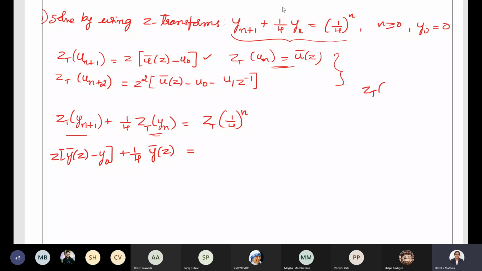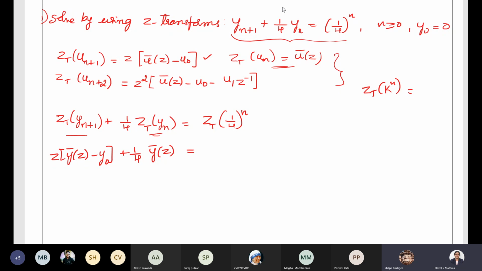That is equal to the Z transform of k to the power n. What is the Z transform of k to the power n? Anybody remember? These things you should not forget.